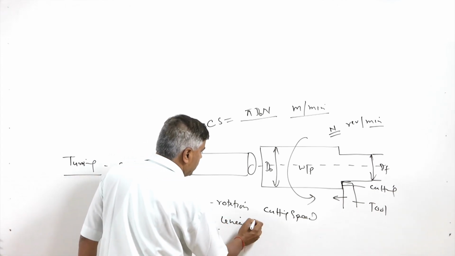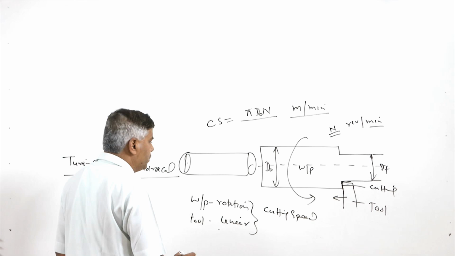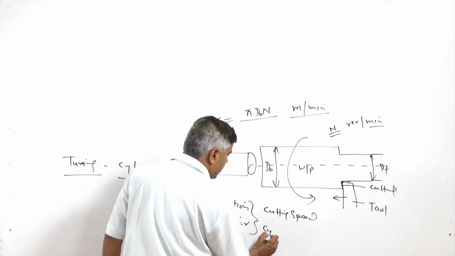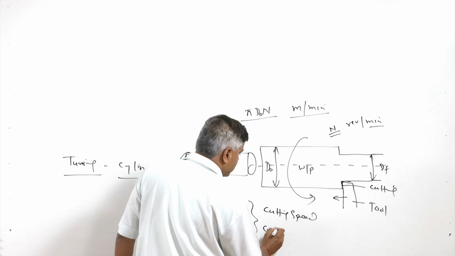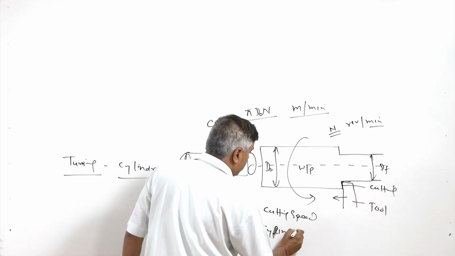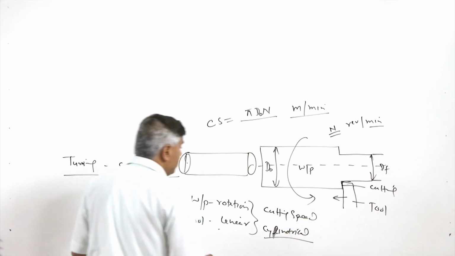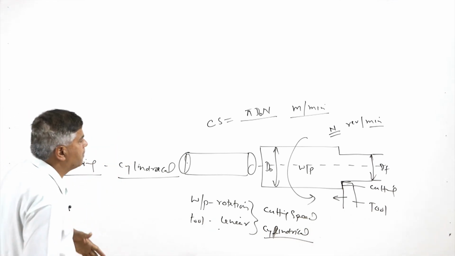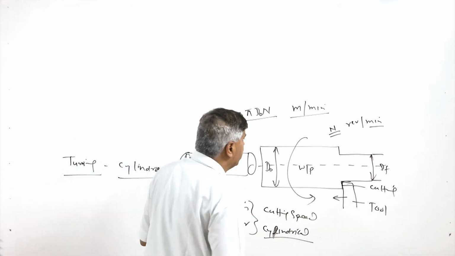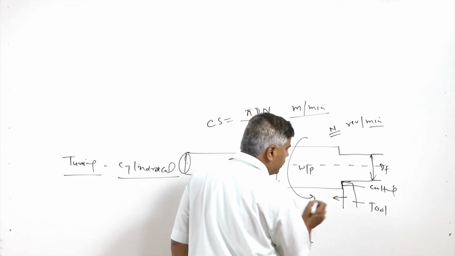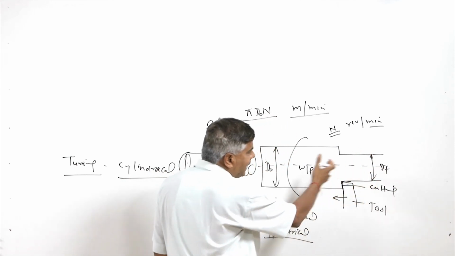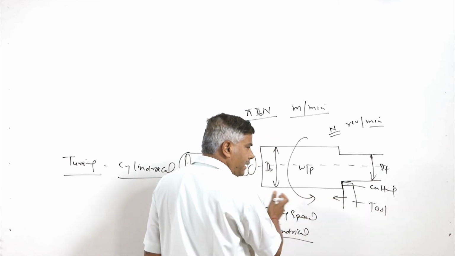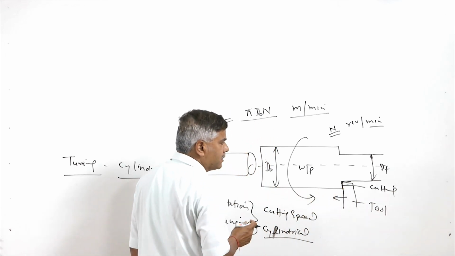So, when a combination of these two is utilized in the turning process, it results in the cylindrical shaped product. Similarly, in different machining processes, different kinds of movements are given. For covering the entire length of the workpiece, we need to move the tool linearly parallel to the axis of the workpiece.